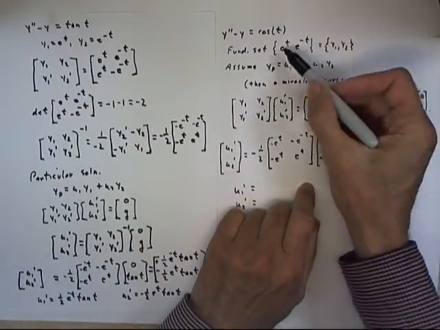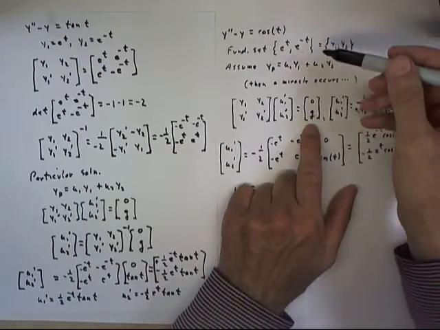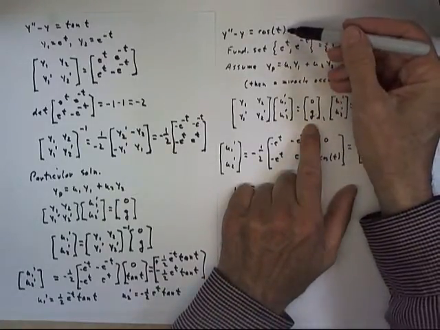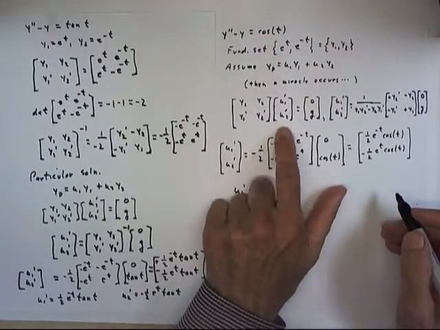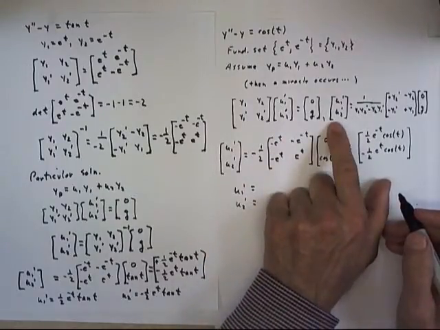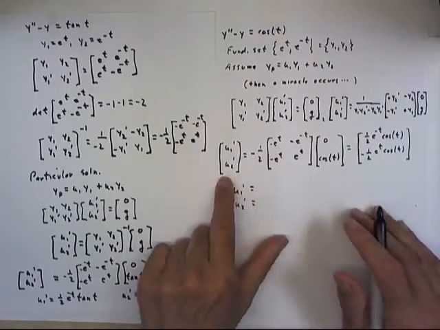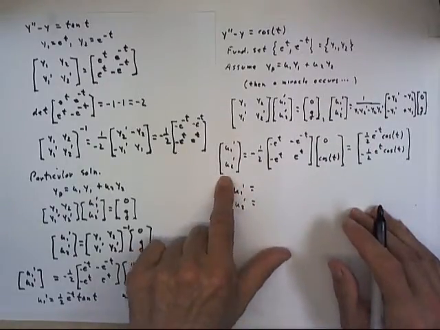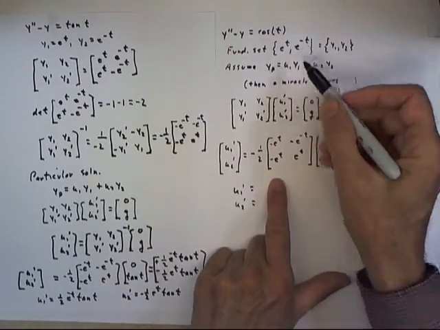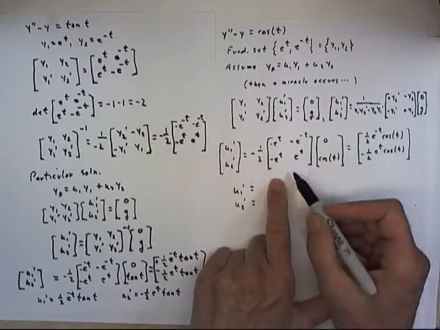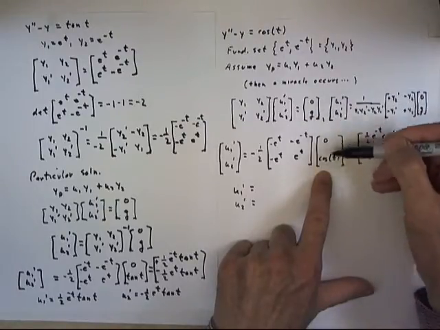where y1 and y2 are the two functions in our fundamental set, and g is the right-hand side of our non-homogeneous equation. This equation is solved by inverting the matrix in the way that we saw previously, so that we end up with u1 prime, u2 prime equal to the inverse of our fundamental matrix, our Wronskian matrix actually, multiplied by the 0, g function, g being the cosine of t.